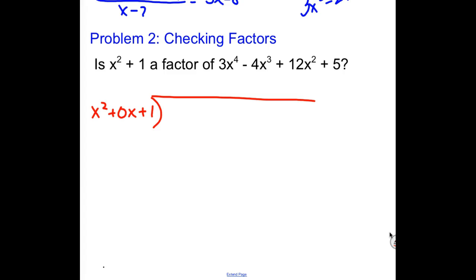Watch for missing terms. Am I missing any in the regular polynomial? Which one? The x's again? So I have 3x to the 4th minus 4x cubed plus 12x squared plus 0 x's plus a constant of 5.